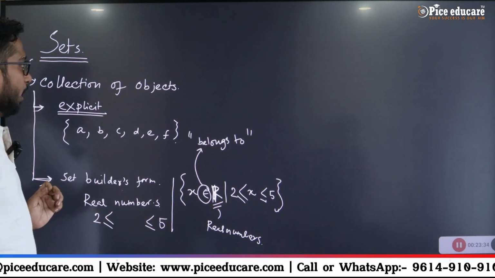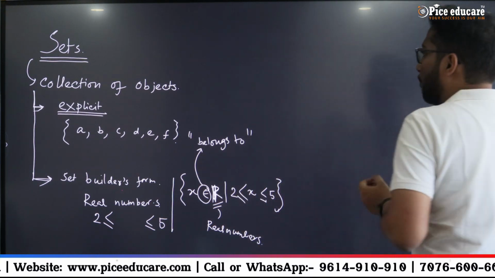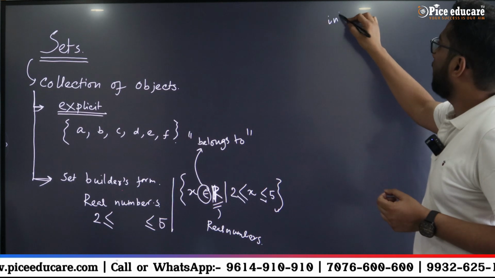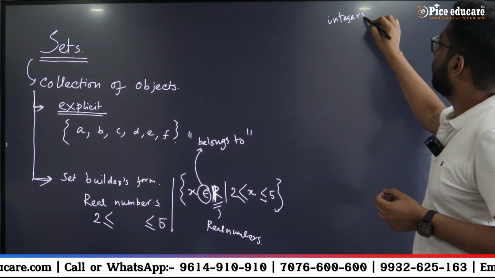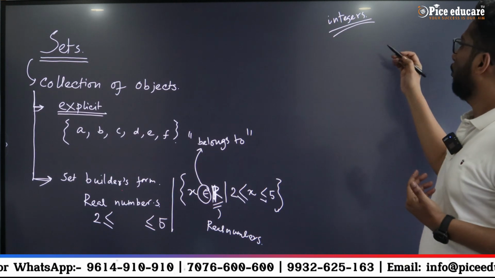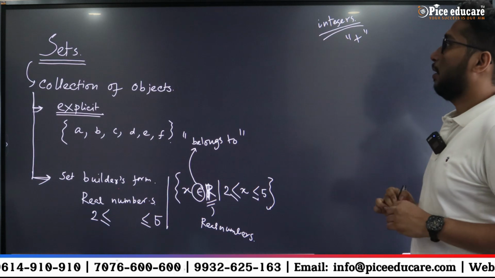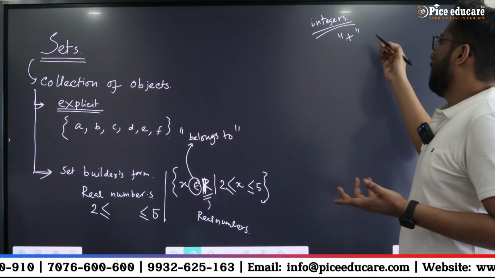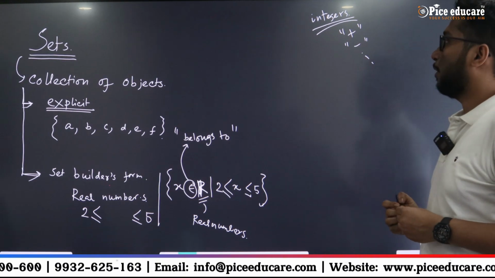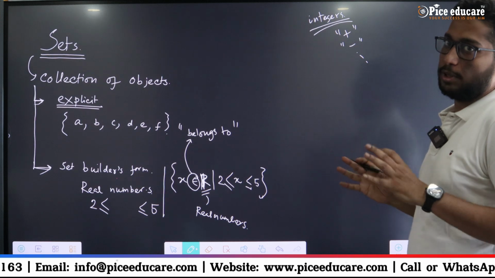Now anytime we introduce new mathematical objects, so for example, you have been introduced to integers, the moment we talk about integers, we have to deal with some operations. It may be addition, it may be subtraction, whatever, because mathematical objects don't exist in isolation.